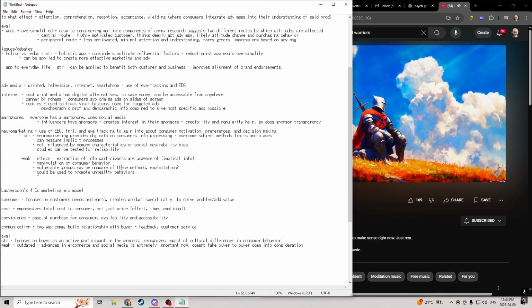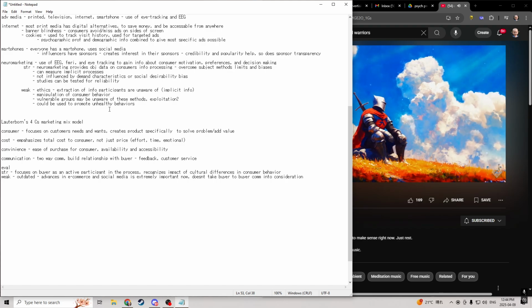And finally, the info could be used to promote unhealthy behaviors, like advertising for gambling or advertising for drugs or junk food. Not a good thing.